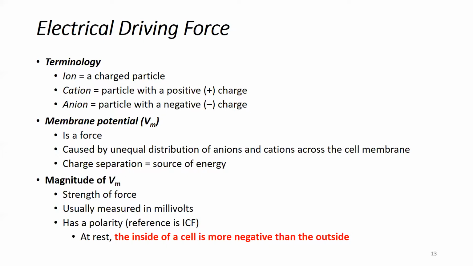What does that negative 70 millivolts mean? I mean the cell is at equilibrium at rest. Okay, so that's what's happening at rest. What does it mean in terms of the particles across the membrane? What does that negative 70 mean?